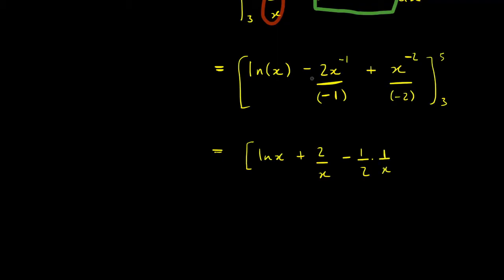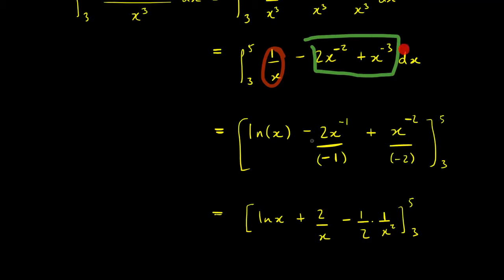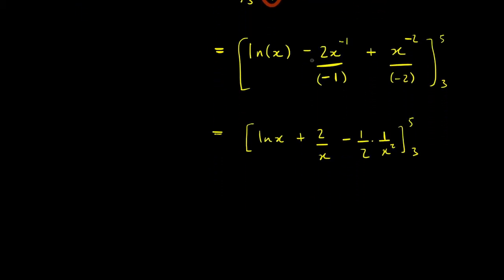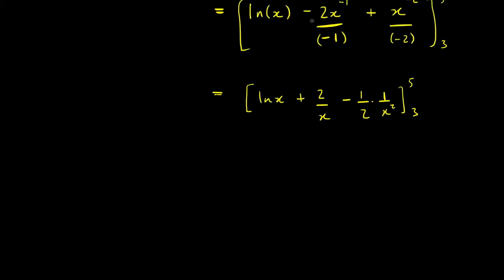Now, why have I converted back from indices form? I converted to indices form when I wanted to integrate because it helps me to understand what I'm doing to the powers, and I would strongly recommend that you all do that. But now I've written these as fractions because I'm going to be substituting in the upper and lower bounds, and it will be much easier for me to understand if I've written them as fractions.